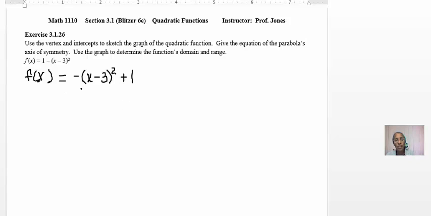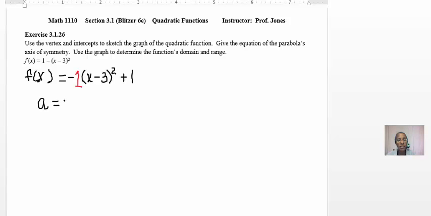All right, now notice here, a is negative 1. This could be thought of as having an unwritten 1 in front of it, so we could think of that as being a 1 there, even though typically that would never be written.